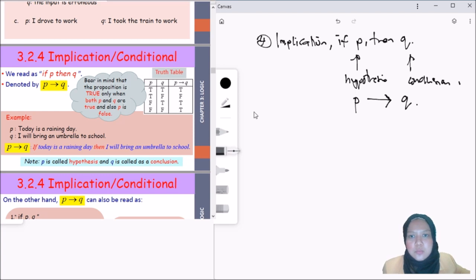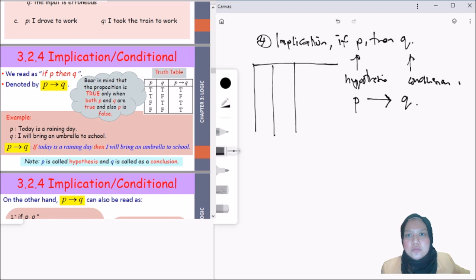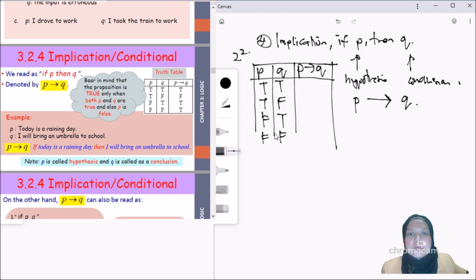So what's the truth table? We construct a table with P, Q, and P implies Q. 2 to the power of 2 is 4, so the rows are true, true; true, false; false, true; and false, false.